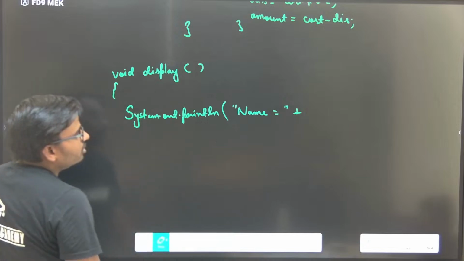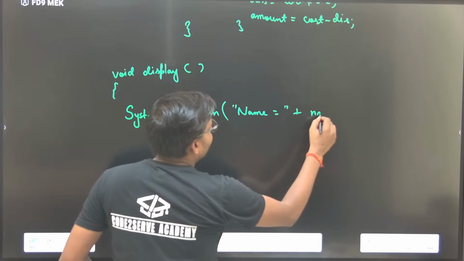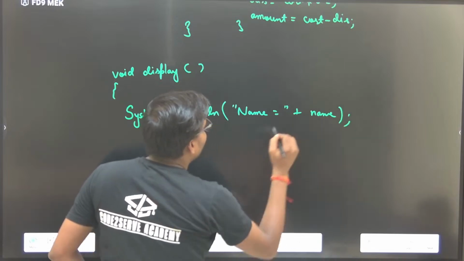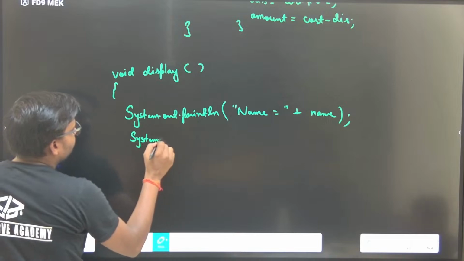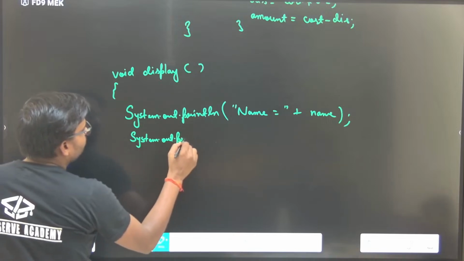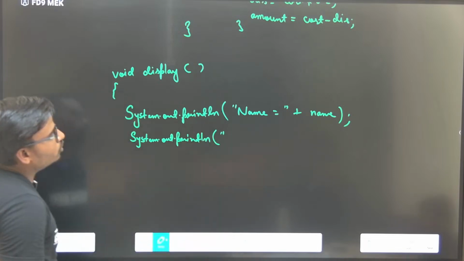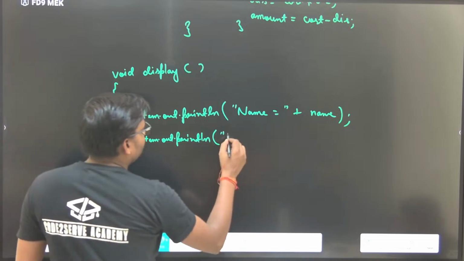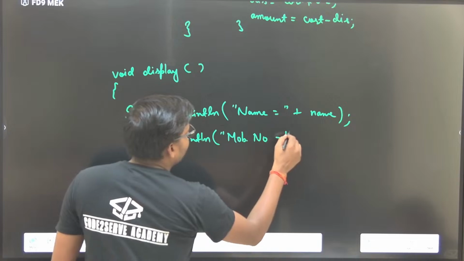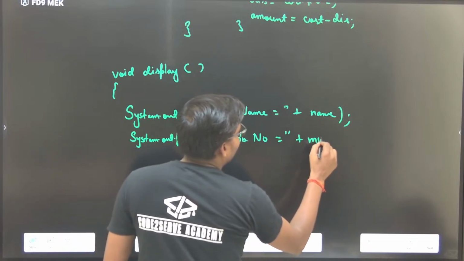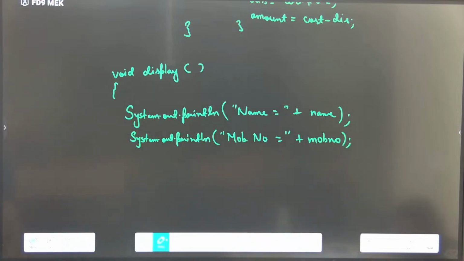what is the name. So name we have assigned into the name variable, so we'll write over here name. Similar to this, second part, what we have to show, mobile number. And the third part is the final amount.